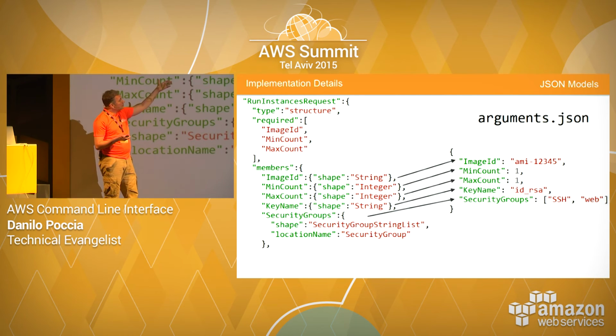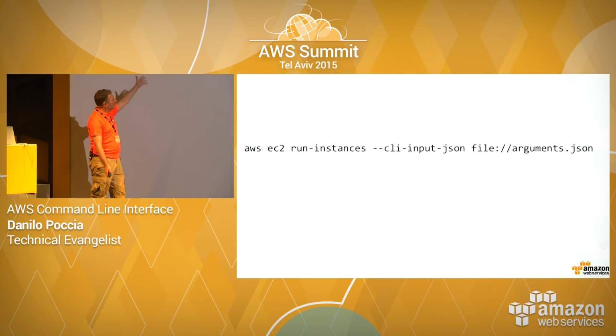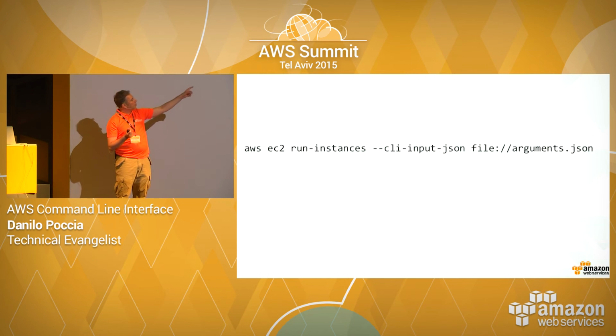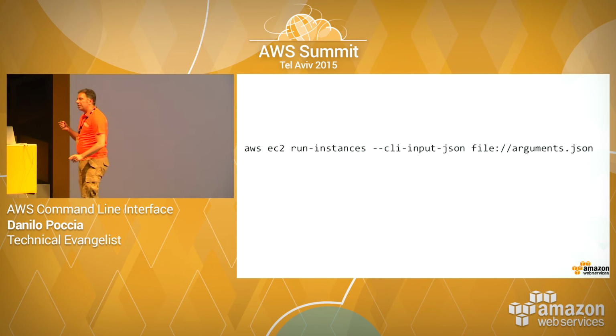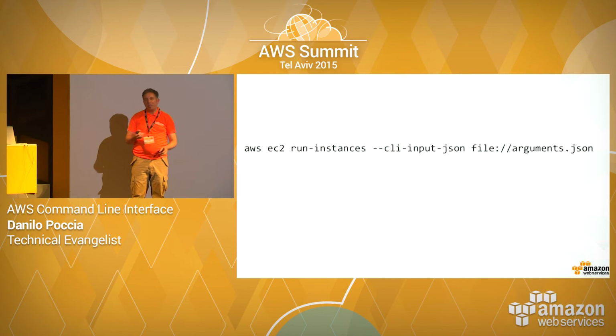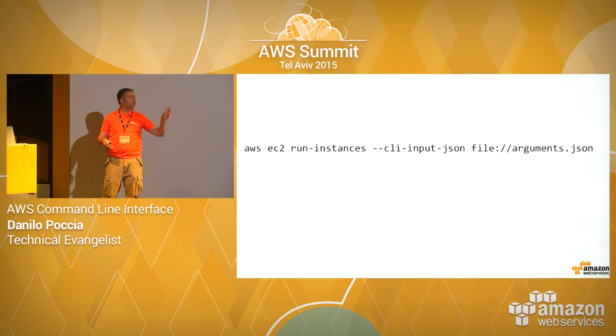So if you write this argument JSON, you can use this syntax to run the command. So AWS EC2, the subcommand remains exactly the same, so it's run instances. And then you say all the arguments are not on the line, but are in this CLI input JSON file. And this file URL syntax is used by the command line interface to understand that the value of this parameter is not what I wrote here in the command line, but it's contained in that file.